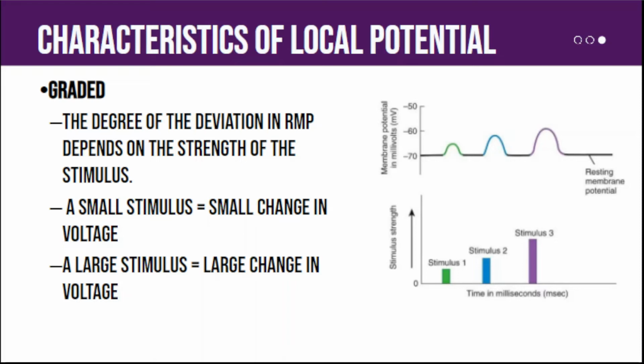Ito mukhang umabot na siya ng around negative 60. Yeah, tama. And then if you give a bigger stimuli, then mas tataas pa siya lalo. Mas magiging less negative siya. So the stronger the stimulus, the greater the difference in RMP.